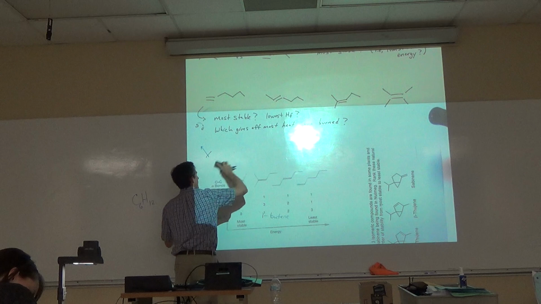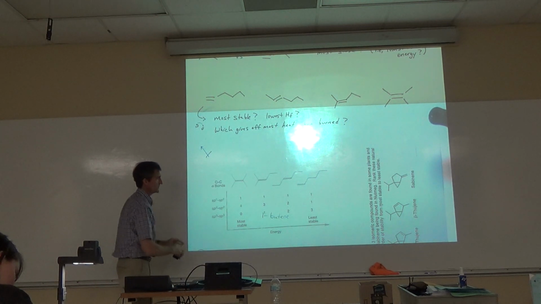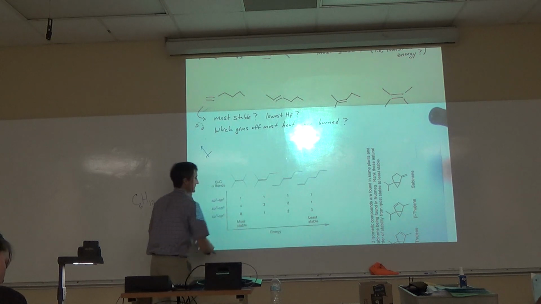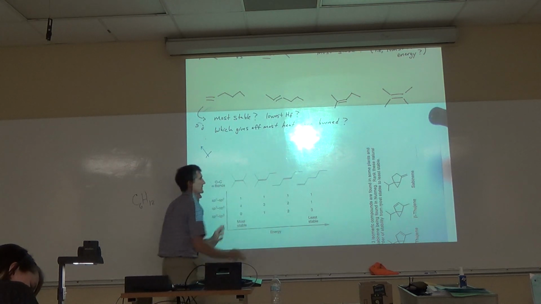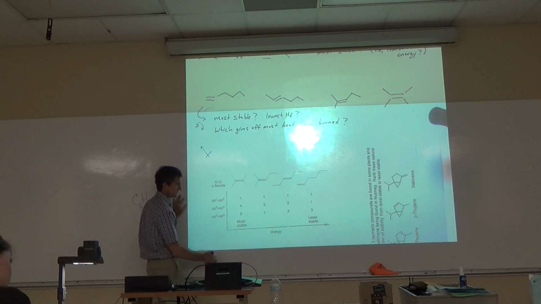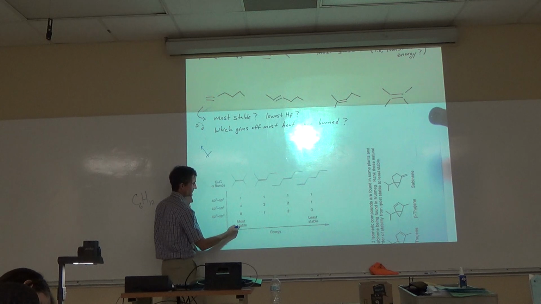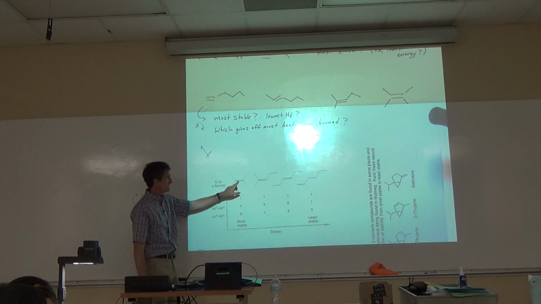Stability of alkene constitutional isomers. The more substituted one is the most stable. Okay? Most stable. Least stable.